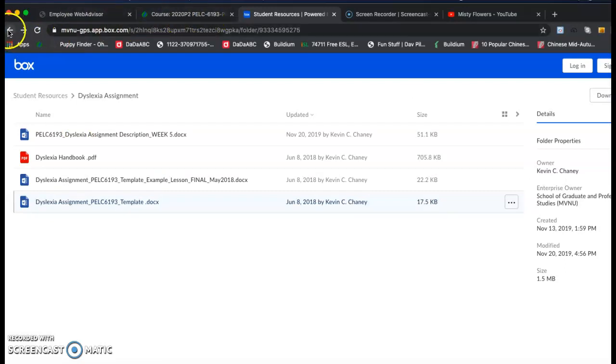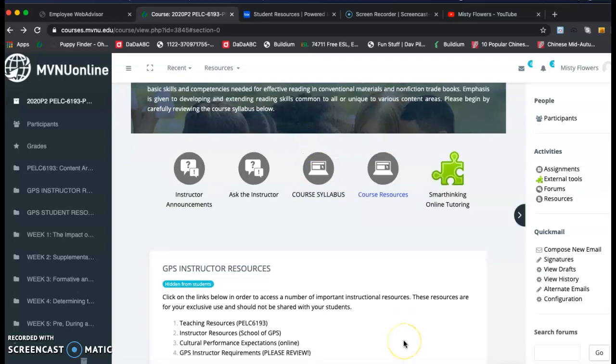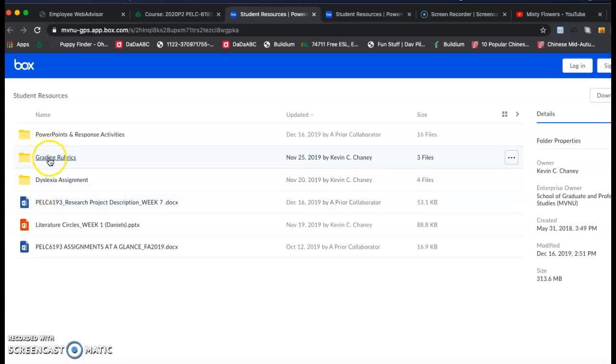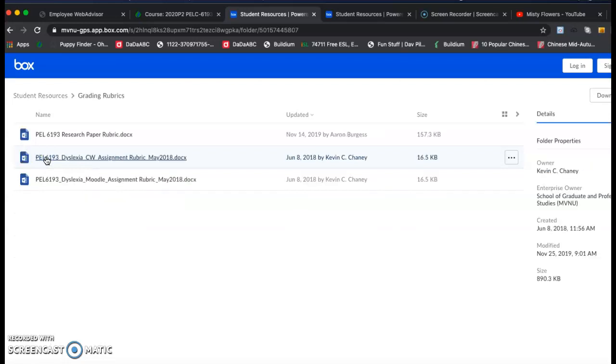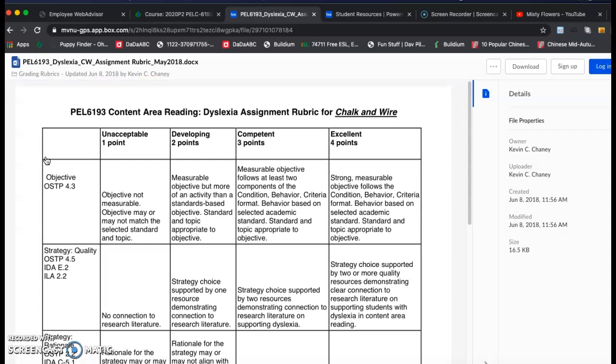Now, I want to go back to our rubrics. This is the rubric for chalk and wire.